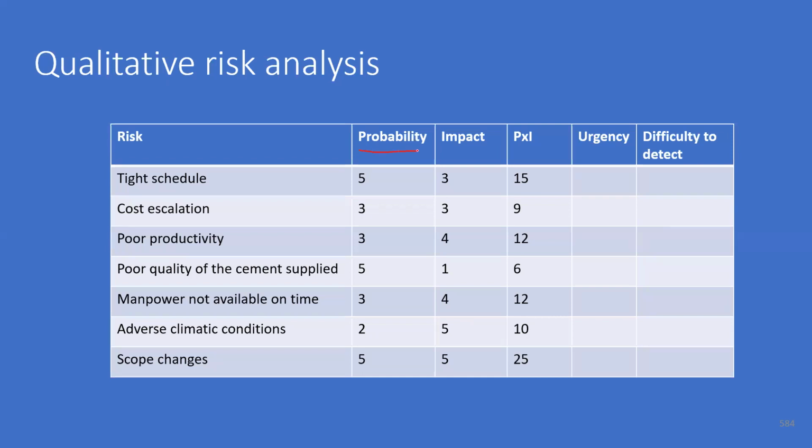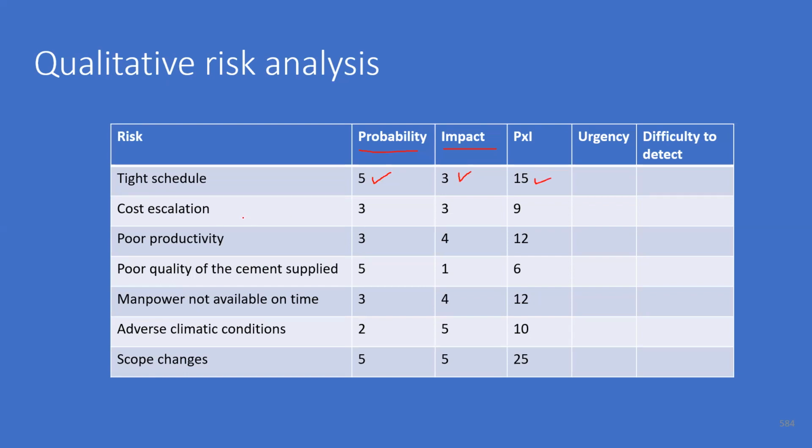One is the probability of the risk and the other is the impact of the risk on the project. So tight schedule, we have given a high probability of 5. That means it is already existing. It is definitely bound to happen. And if the tight schedule happens, the impact is 3. So probability times impact is the risk rating, that is 15 here.